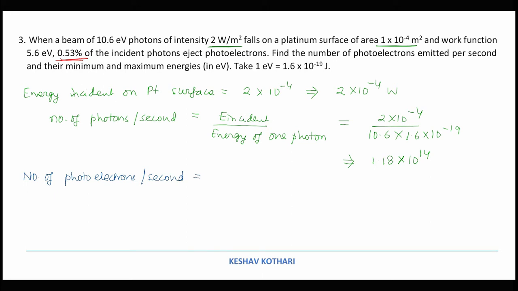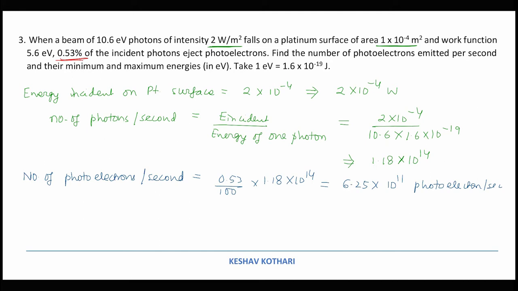This will become equal to 0.53 by 100 into 1.18 into 10 to the power 14. So we get a value equal to 6.25 into 10 to the power 11 photoelectrons per second. So the question asked is to find the number of photoelectrons emitted per second, which we have obtained, and the minimum and maximum energy possible.